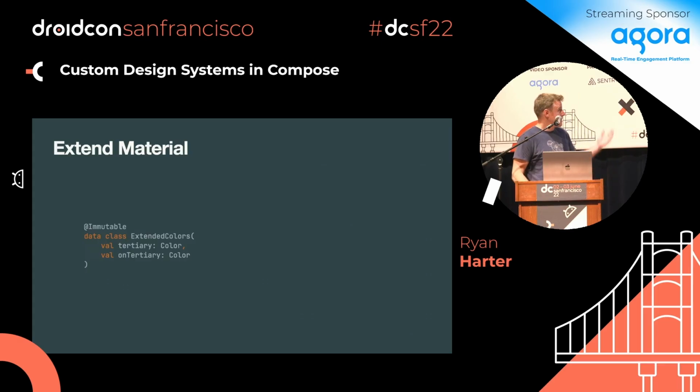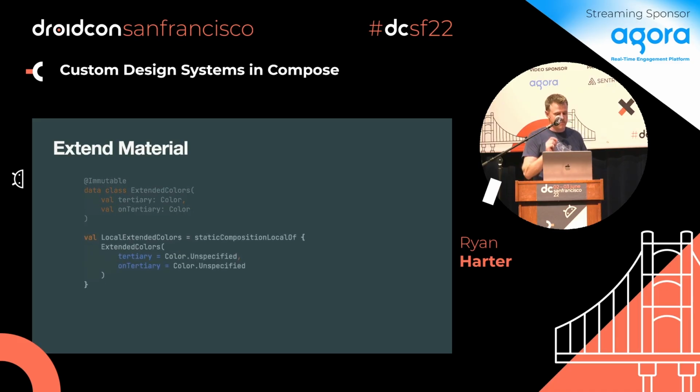So you can make a data class that has your extended colors, with your tertiary and on-tertiary colors. Then you create a composition local, and we'll call it LocalExtendedColors. This is a composition local that provides those extended colors.